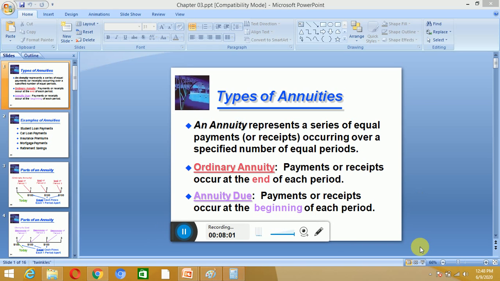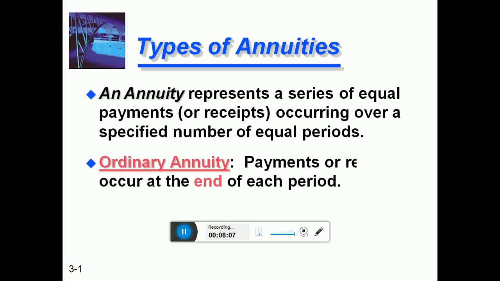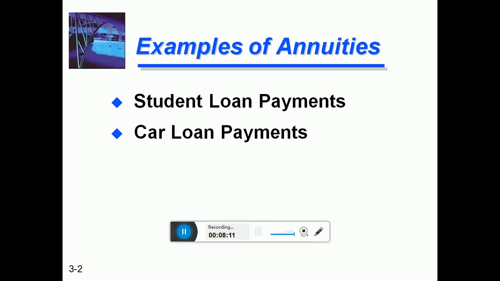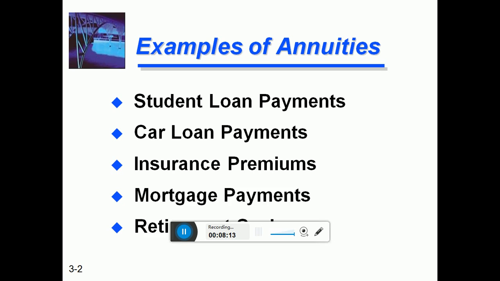Now here are some examples of annuity. Then we will discuss ordinary annuity and annuity due. See, students, loan payments. Suppose you took a loan from a bank and then you are paying the loan in equal installments after equal periods.